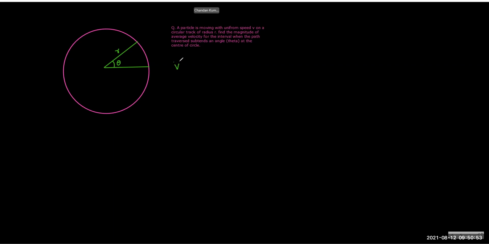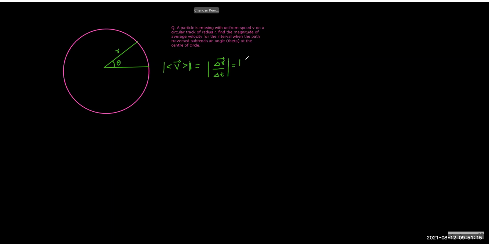The modulus of average velocity: the way I write, the way I read. First I will think of average velocity, which is delta r by delta t. Then I'll put a mod because I need the mod of that.